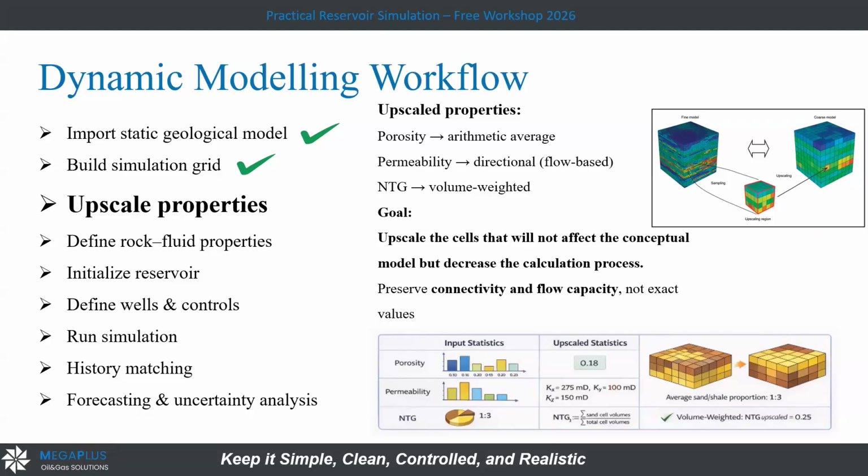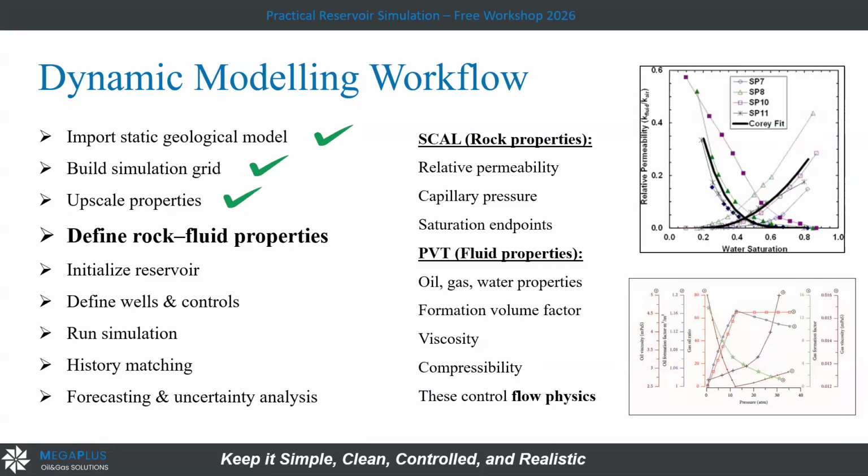All of this is equations. So my rule here is to minimize these equations as much as I can. So this is about the upscaling and about the rock and fluid properties.